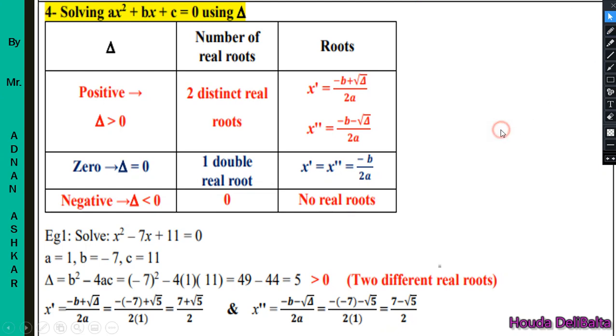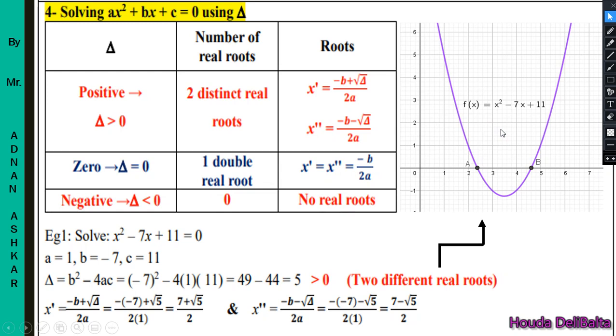Here is a graph making things clear. Look at this graph. This graph is related to the function written as x squared minus 7x plus 11. That's exactly like this equation we solved. When solving a quadratic equation equals 0 and relating it to functions, that means I'm searching for the roots, which are the intersection points with the x-axis. They are the x-intercepts.